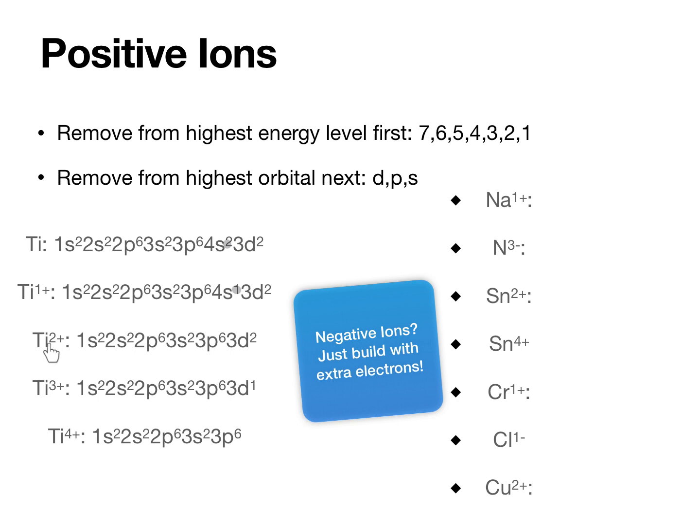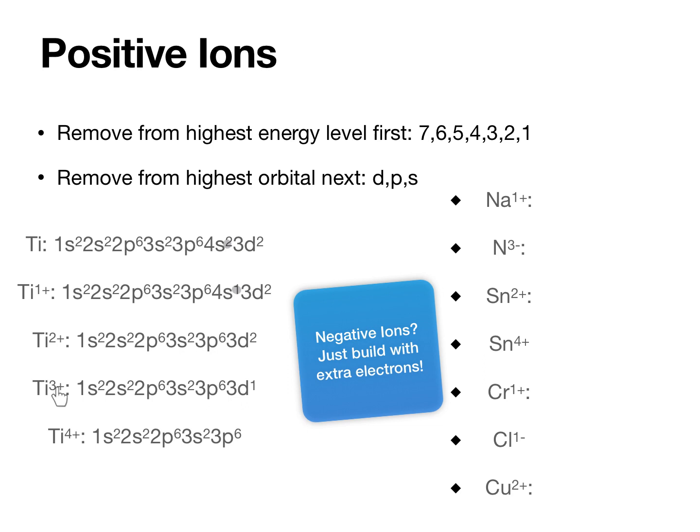Now my next electron lost is going to be once again lost from the 4s. So now I remove that 4s electron, and I have no electrons on the 4s, leaving me with just 3p6, 3d2. Once I've removed all the electrons from the highest energy level, any additional electrons are then removed from the highest orbital next, which in this case is d, followed by p, finally s.